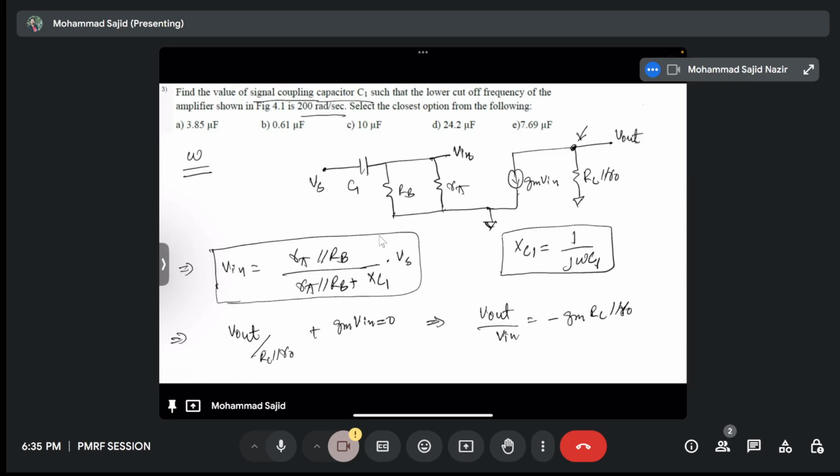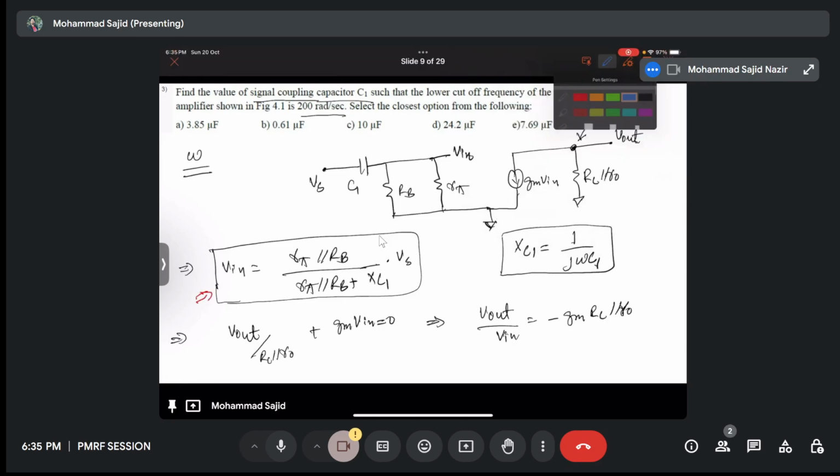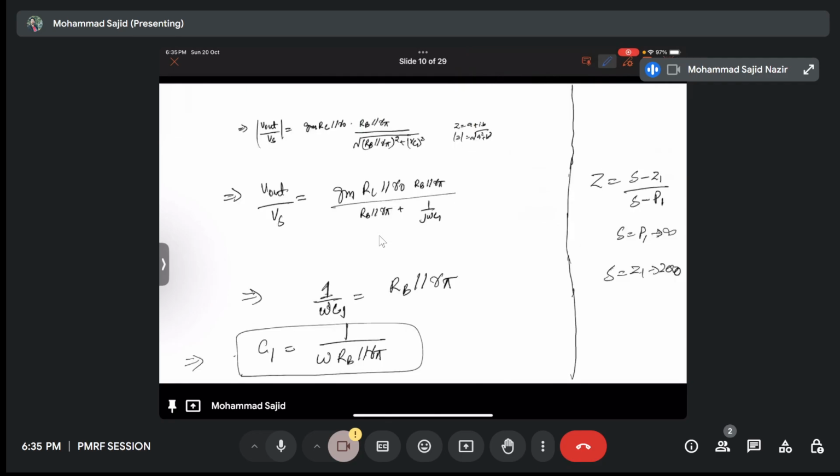That will be given by this formula right here. Also I have the output voltage in terms of this, which is completely found using the KCL at the output node. So once you solve this, you will get an equation of this form.